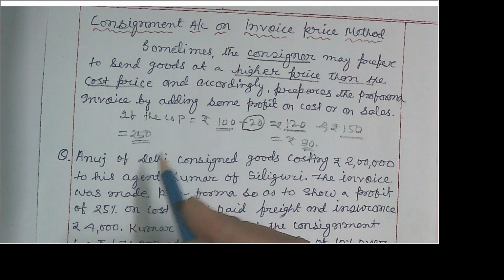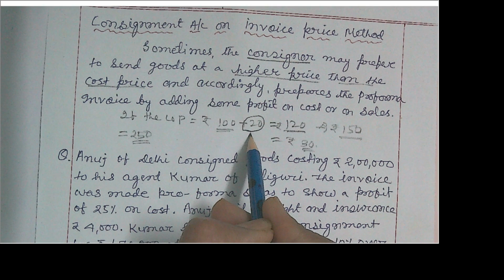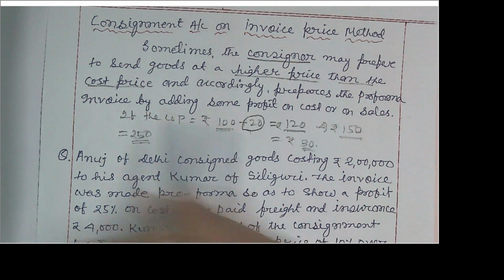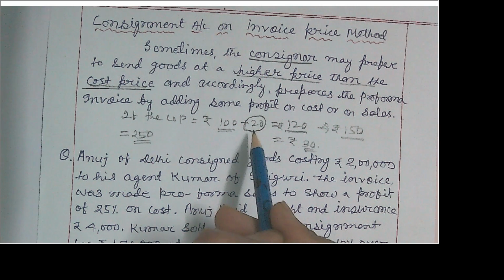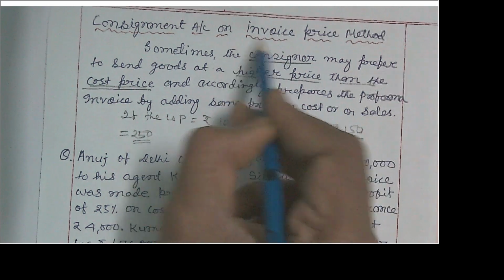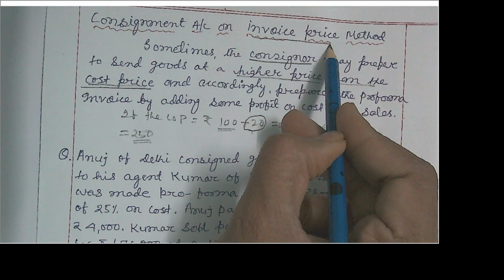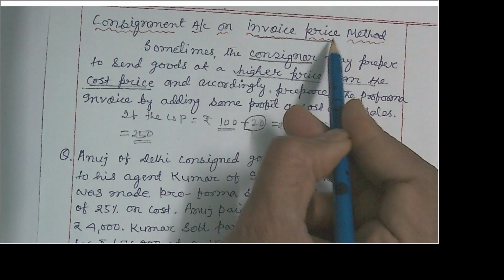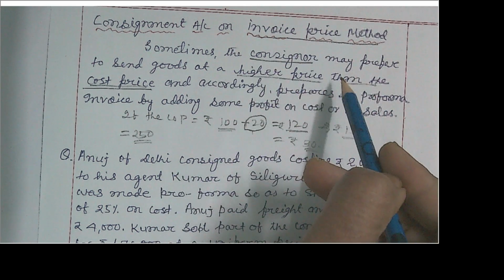So by adding the extra price on the cost price of the goods, it is called the invoice price, and this method is the invoice price method.